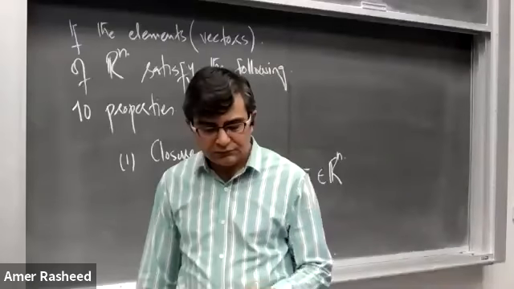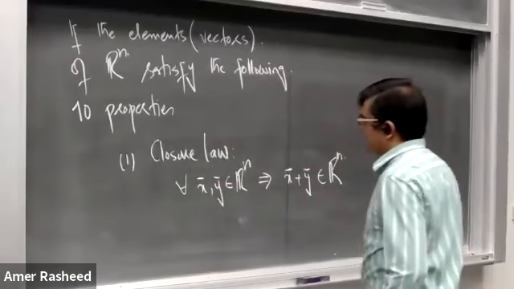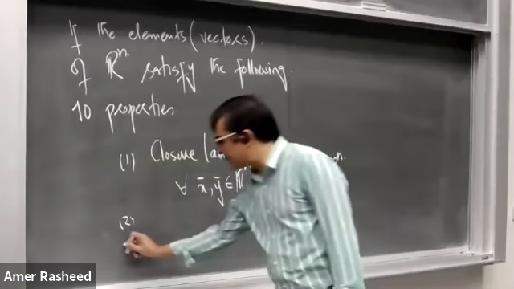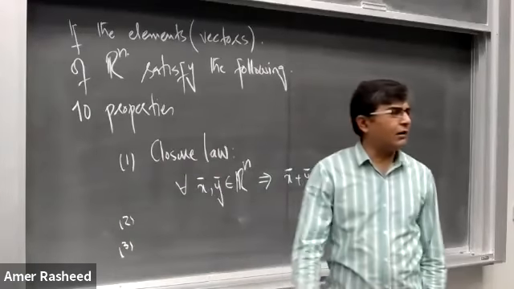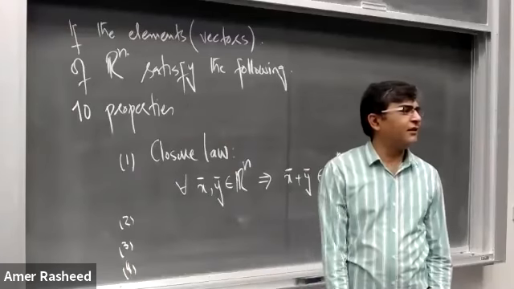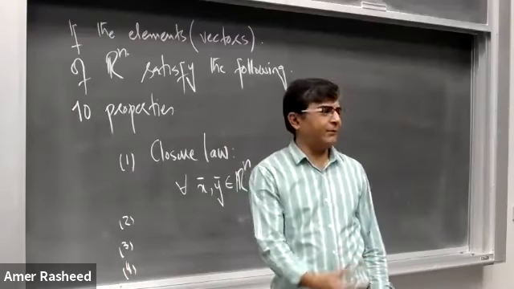Okay, now this is the first property. The second property is the commutative law. The third property is the associative law. The fourth is the identity element, and the fifth is the inverse element.